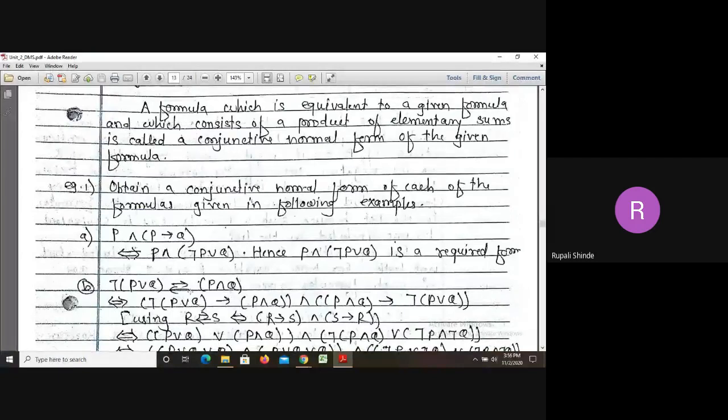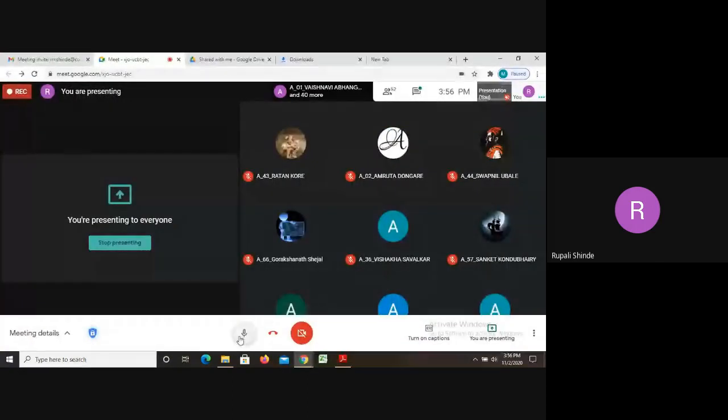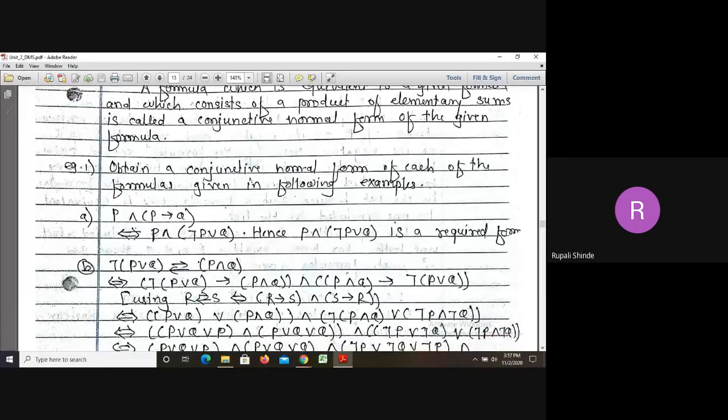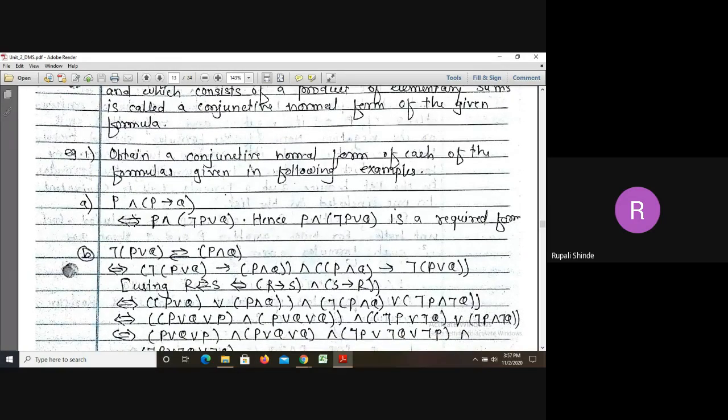Now the second example is negation of P or Q biconditional P and Q. Here we have to apply the formula R biconditional S, which is equivalent to R conditional S and S conditional R. The value of R is negation of P or Q and the value of S is P and Q. We substitute these values in the given formula.